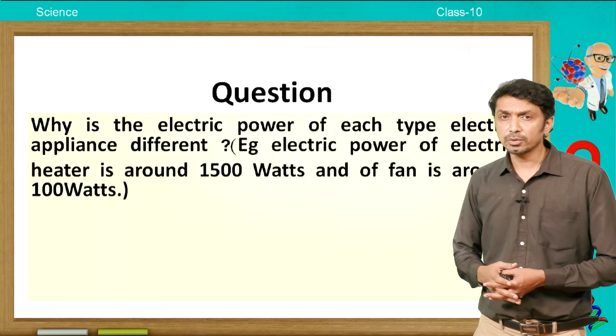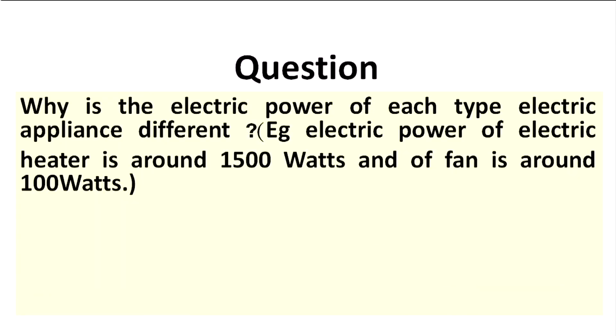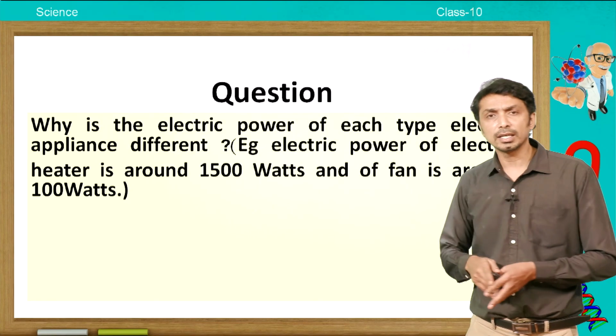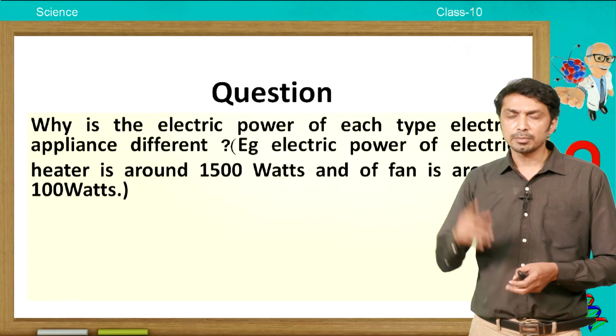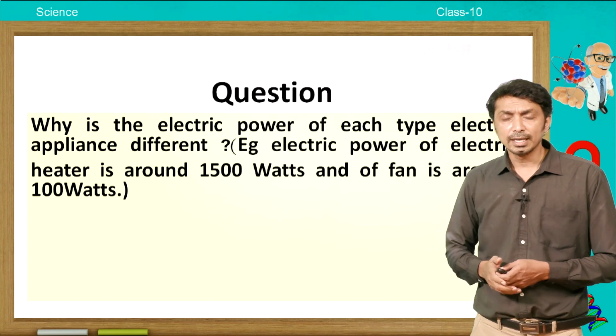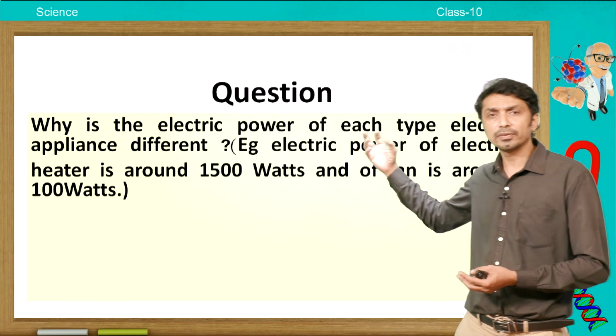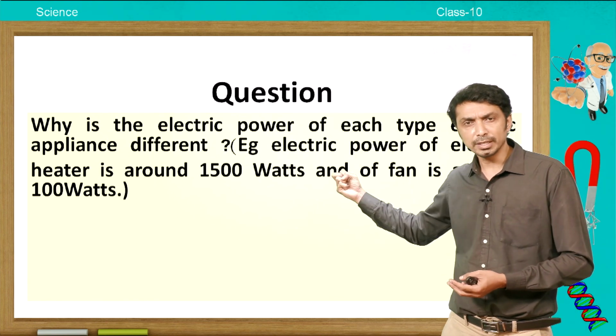So children, here is a question: why is the electrical power of each type of electrical appliance different? Example, electrical power of an electrical heater is 1500 watts and a fan is around 100 watts. Yes, I am sure you have got the right answer. It is because the total energy consumed by different appliances is different, right?